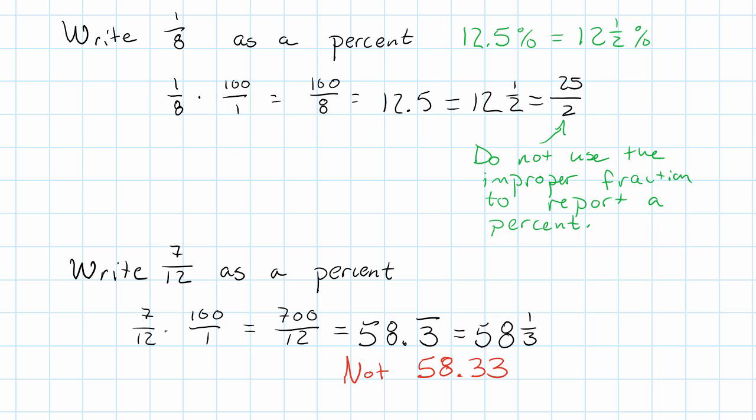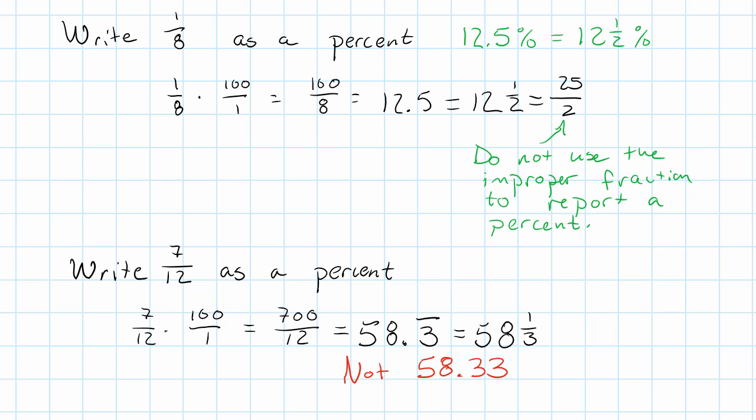Sometimes rounding is called for, but sometimes rounding is not called for, and we have to give an exact answer. Unless there's something that tells you that you want to round, don't round.